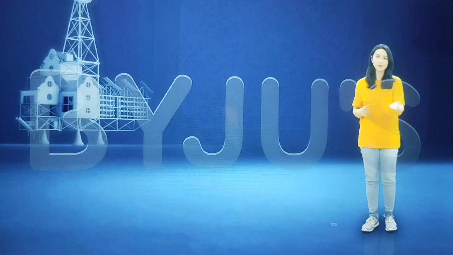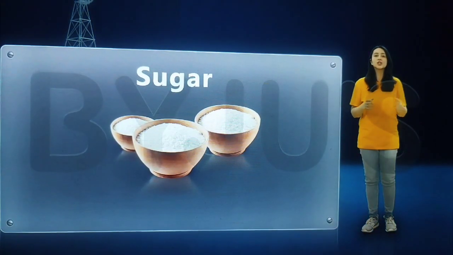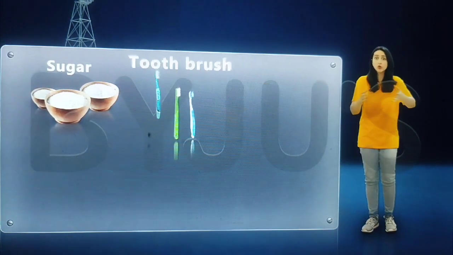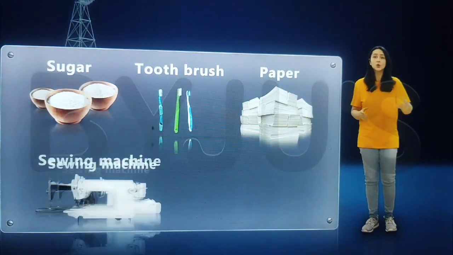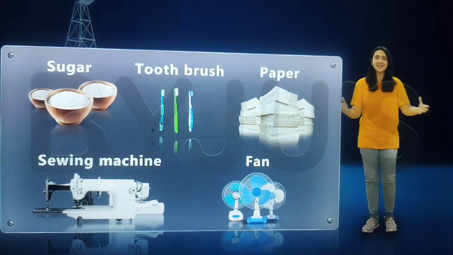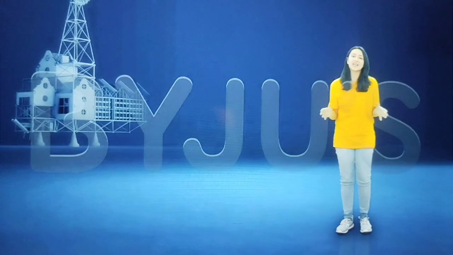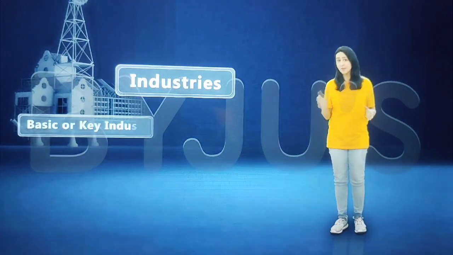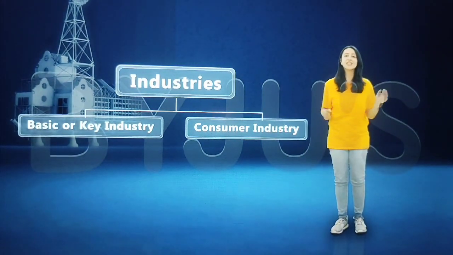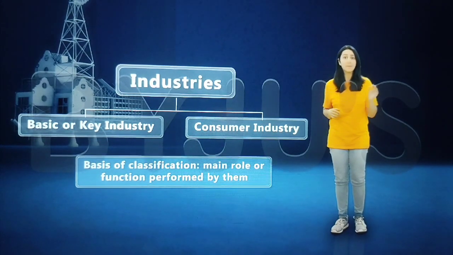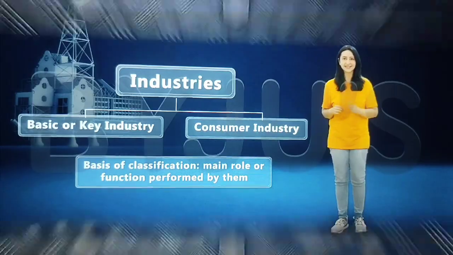A few other examples of such industries are those which manufacture sugar, toothpaste, paper, sewing machines, fans, and so on. This classification of industries into basic and consumer industries is on the basis of the main role or function performed by these industries.